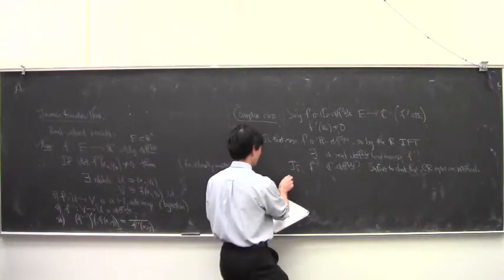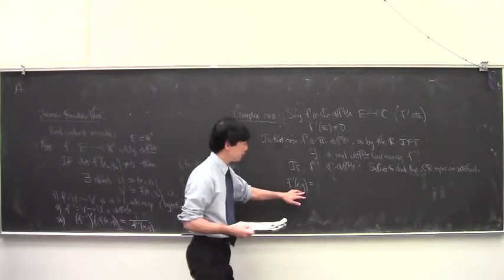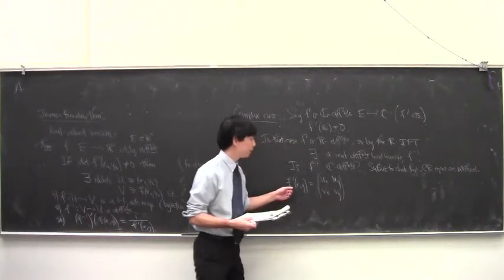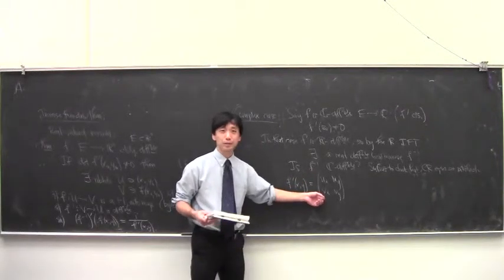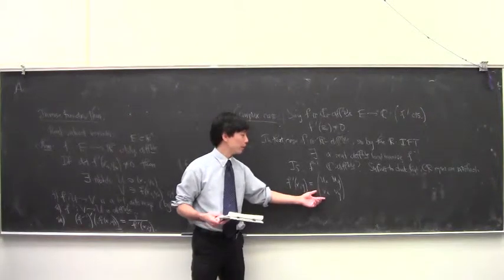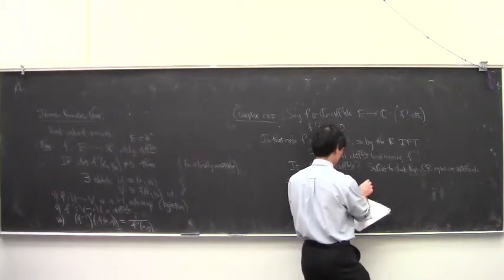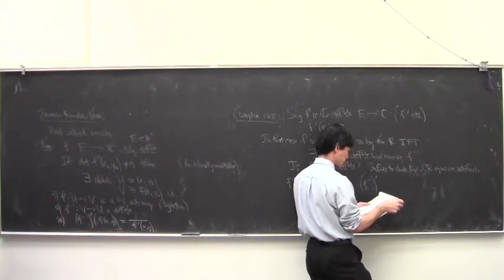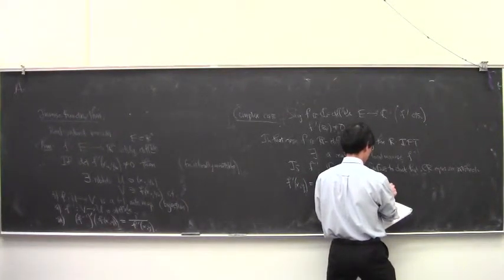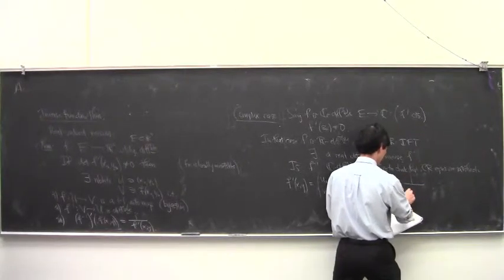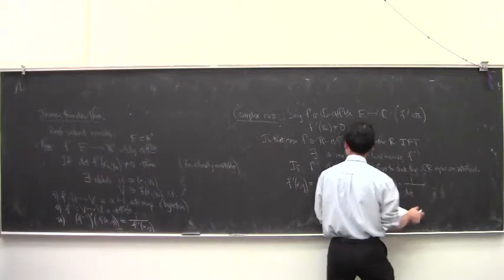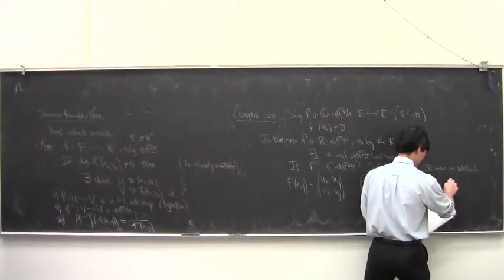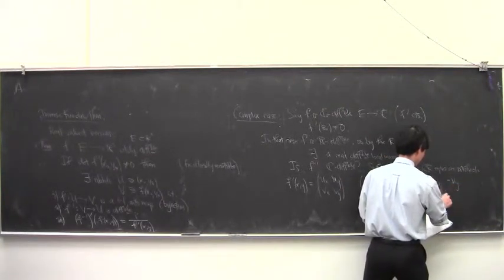Remember that the derivative of f is this matrix, with d sub x and d sub y entries. Then the derivative of the inverse function at f of (x, y) is going to be 1 over the determinant of f prime times the matrix with entries d sub y, negative d sub y, negative d sub x, d sub x.